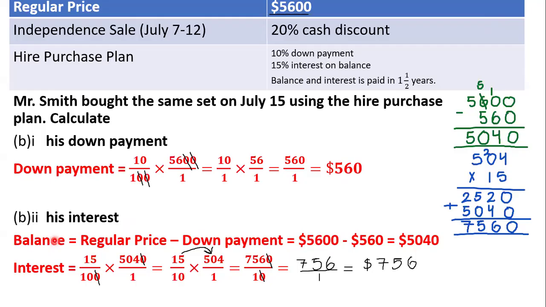Mr. Petit, if the balance means what's left, how come we subtract the down payment from the regular price, if he doesn't have to pay the regular price because he is paying on hire purchase? Think about it. Let's say I give you $5 and I want to charge you interest on that $5.